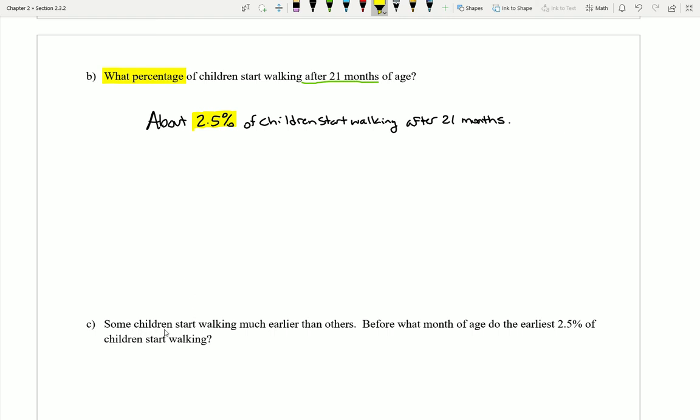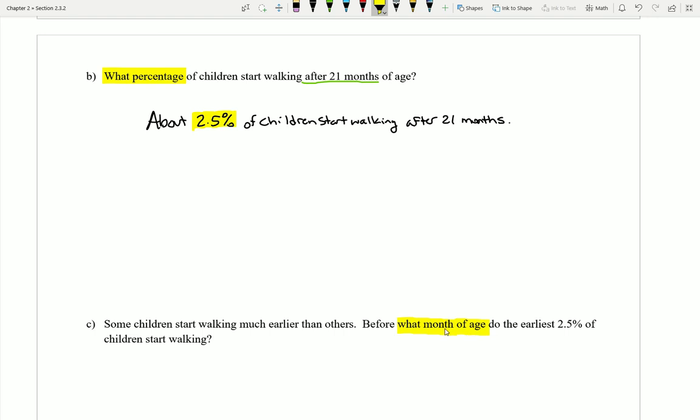But notice down here in part C, are we really being asked for a percentage? No, what we're really being asked is what month of age, like how many months. So my answer to part C is going to be something like 10 months, 15 months, 6.5 months, right? It's going to be some number of months.